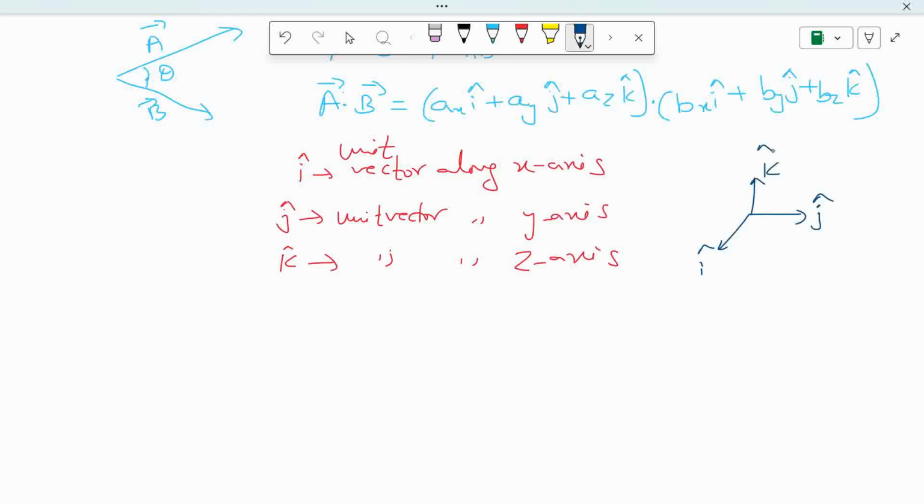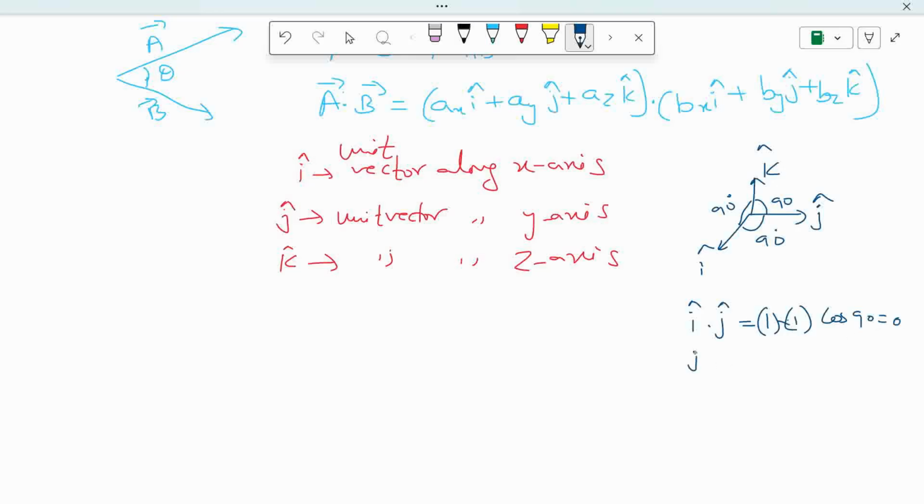K cap along the z-axis. Now the angle between any two of these is 90 degrees. As it is 90, when we do the dot product between these two, it is 1 times 1 times cos 90, so it is 0.